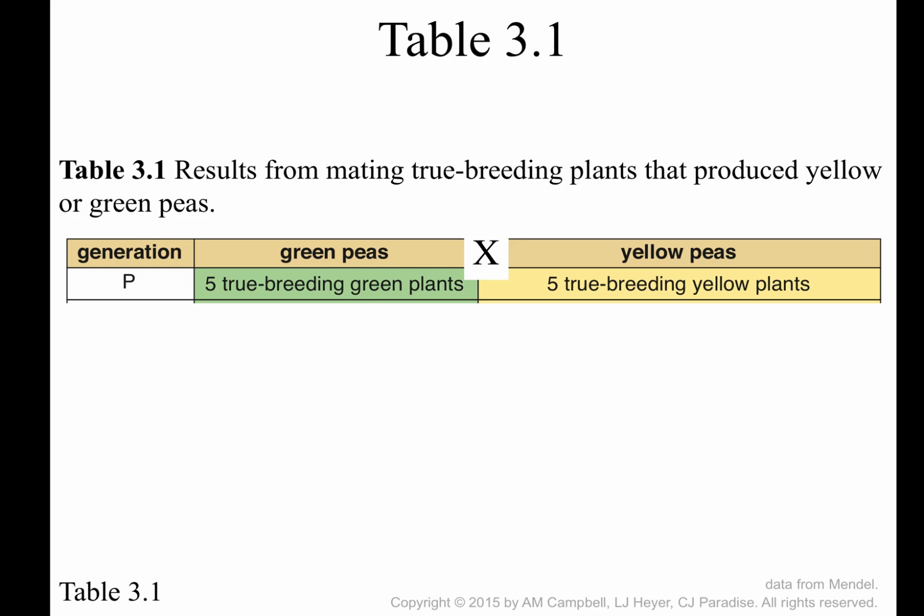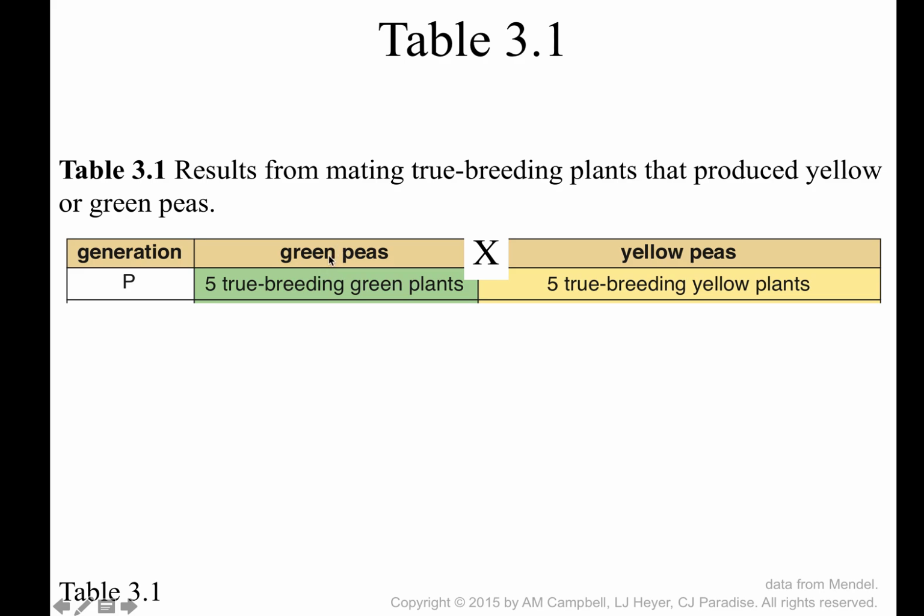Okay. If you look at some of the data, there are true breeding green plants. These are plants that if you bred them with themselves, they always gave green seeds. And that's what true breeding means. And again, Mendel took 2 years to find that out. And the yellow pea plants, if you bred them with themselves, always produced yellow peas.